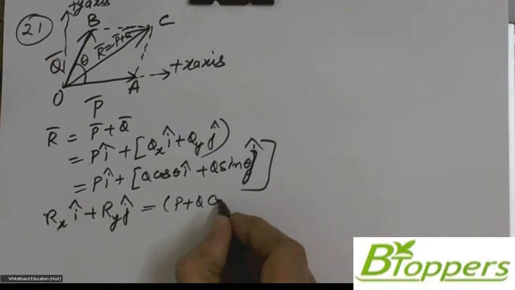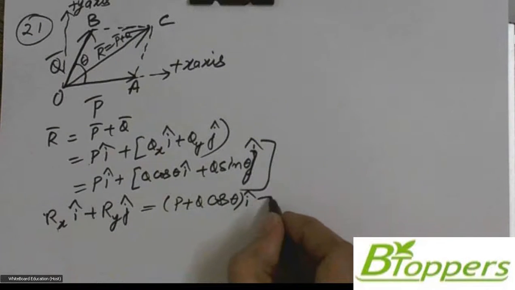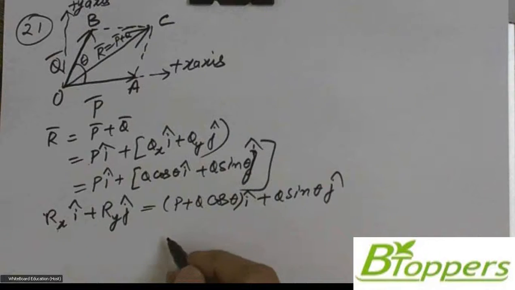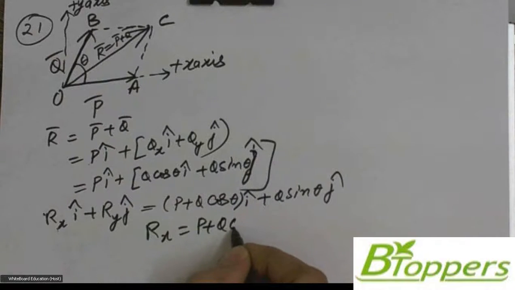You can write P plus Q cos theta into i cap plus Q sin theta into j cap. So you can equate the x component: Rx equal to P plus Q cos theta.